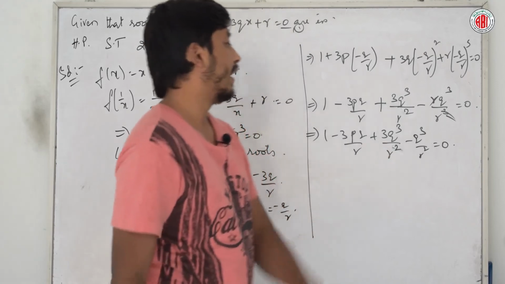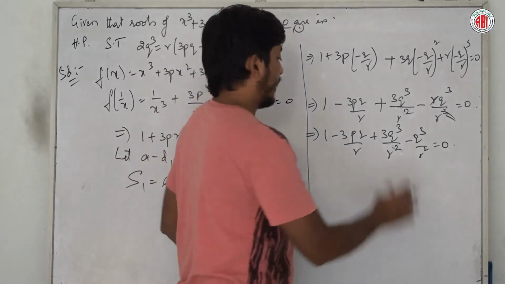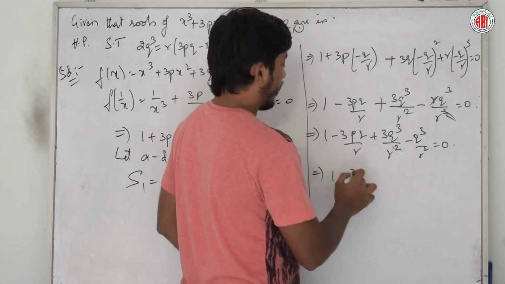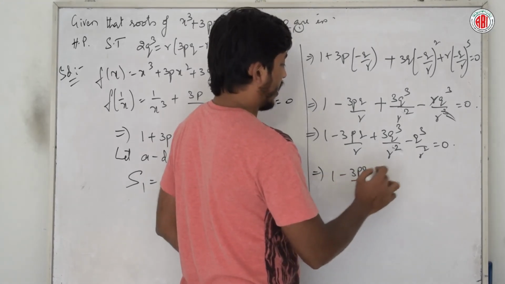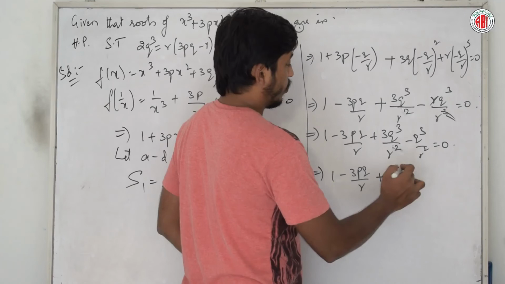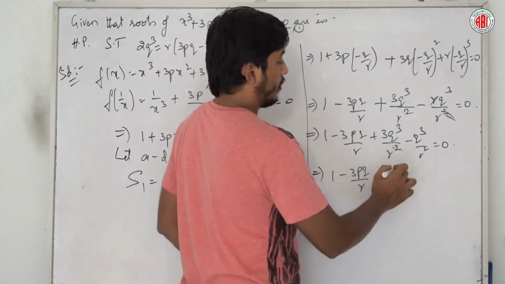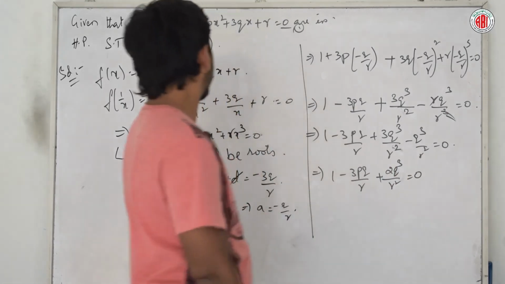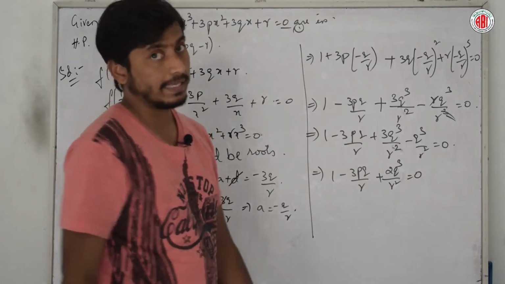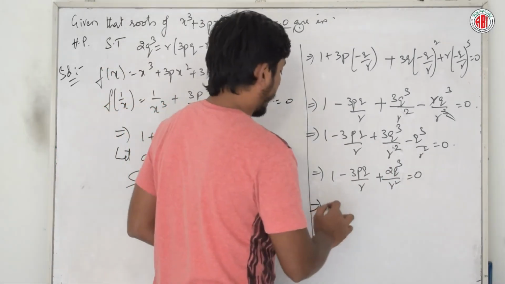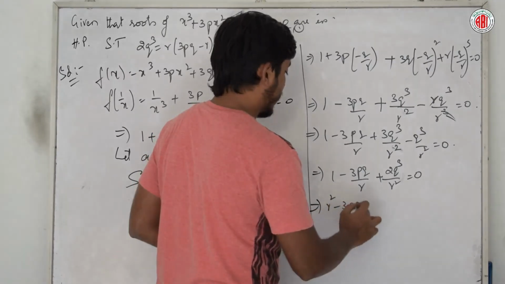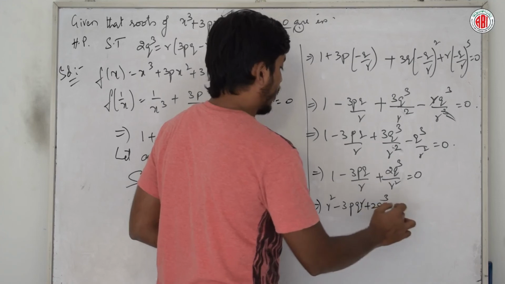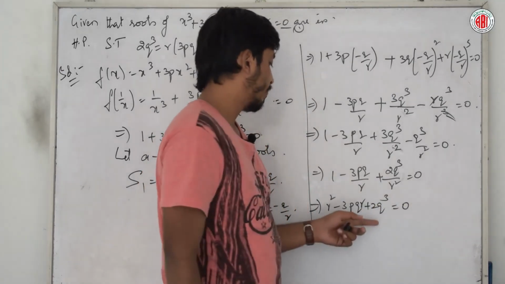Done. Can I take LCM now? Yes, if you want to subtract, you can subtract this. 1 minus 3pq by r plus 2q cube by r square. Can I take r square common here? R square LCM. So it will be r square minus 3pqr plus 2q cube.